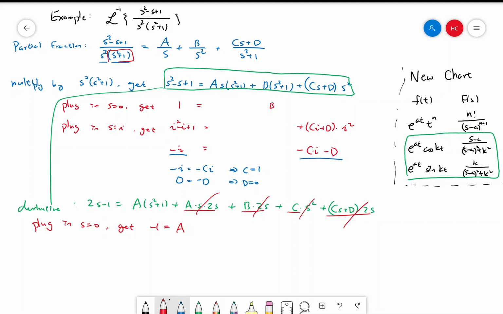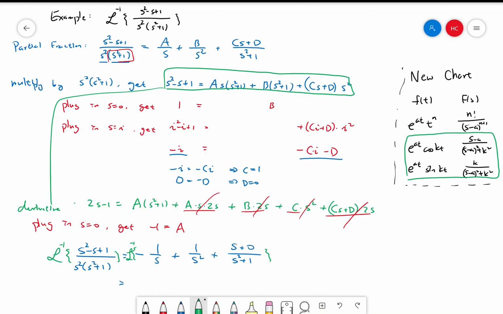Alright, so that means the original fraction is equal to negative 1 times 1 over s, that's a, plus 1 over s squared, which is b, plus (c is 1, d is 0) over s squared plus 1. And the inverse Laplace transform of the original fraction is the inverse Laplace transform of all these terms together.